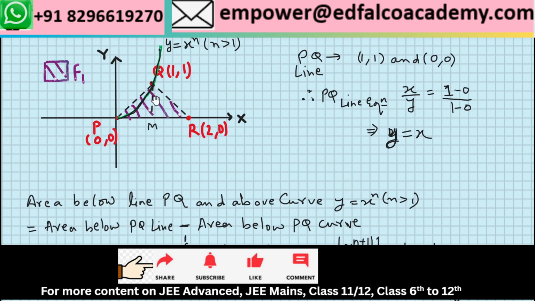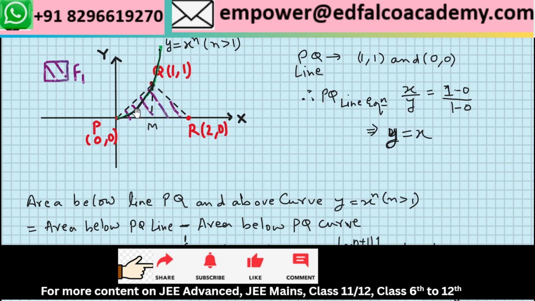I have just drawn a perpendicular line over here, QM, which intersects the x-axis at M. So this is nothing but a right angle triangle with the height being 1 and the base also being 1. So the area of this complete triangle PQM will be half into base into height, which is half into 1 into 1, which is equal to half.